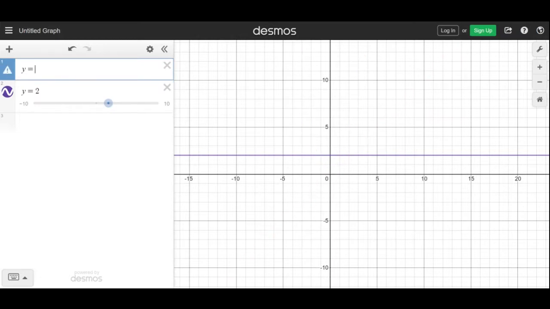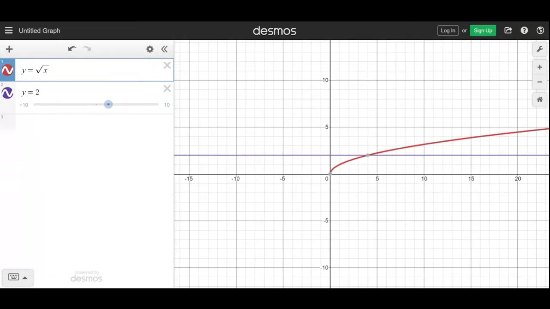You can have the square root function. So let's have the square root function, square root of x. And here you have only one intersection. It means that's a one-to-one function. Okay, so that's how you know if that is one-to-one or not.